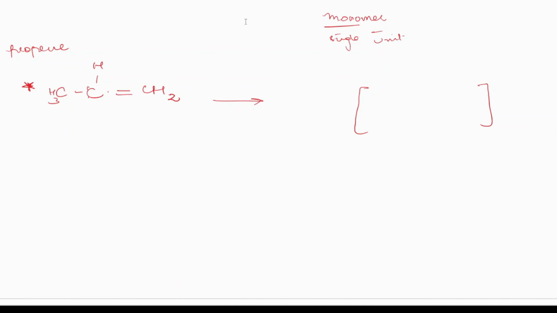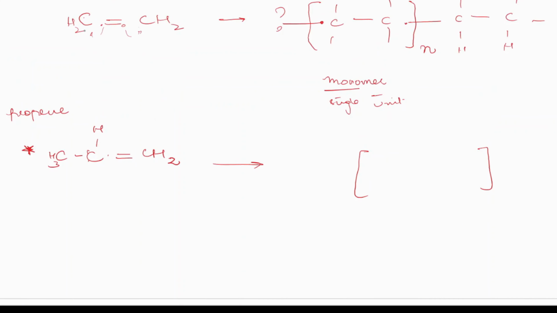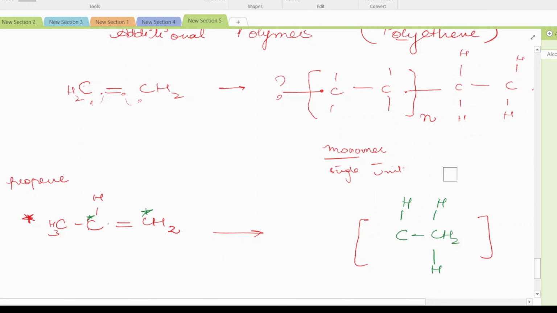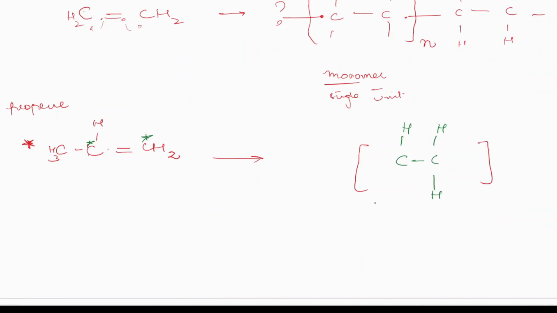So there would be a change in the carbons that have the double bond. This carbon is going to have a change and this carbon is going to have a change. So we are writing CH2 with H here. Let me make an expanded form of the structure. This would be repeated. This bond would be there in polymerization.